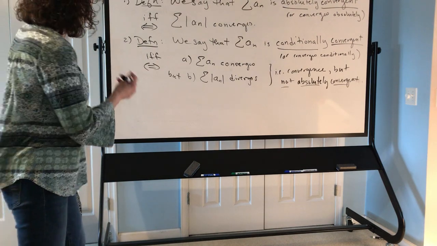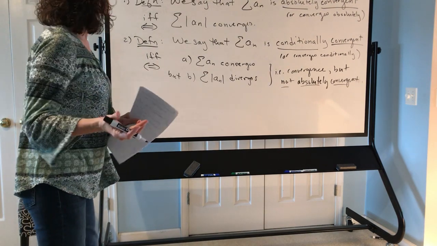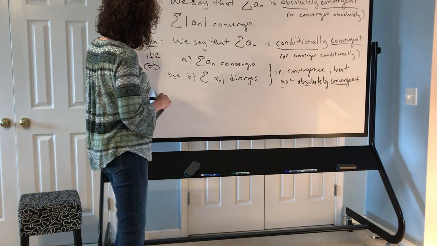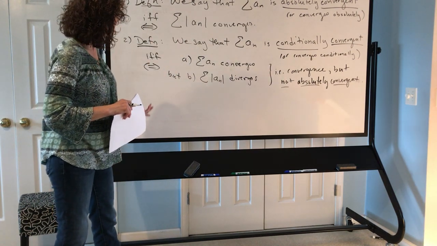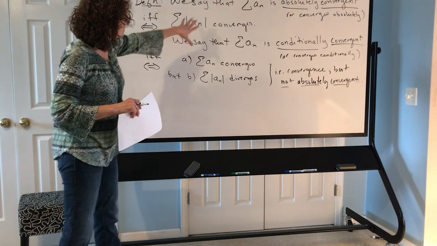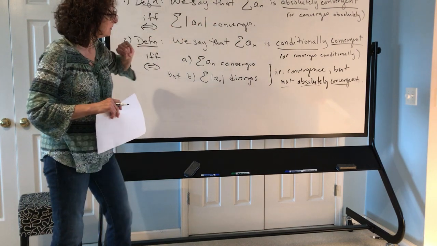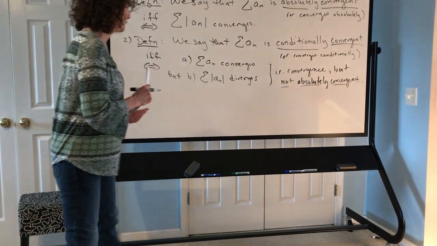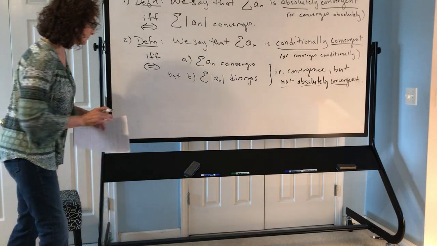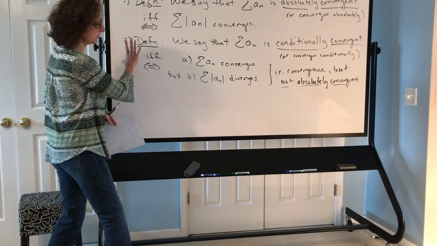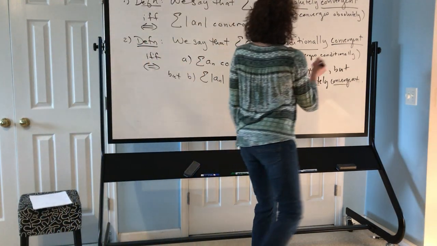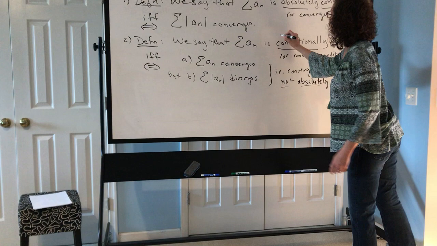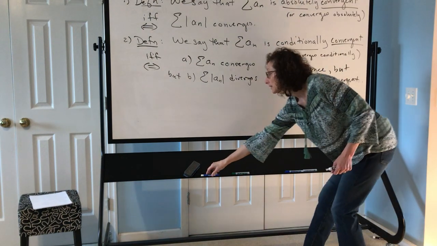Okay, so this makes a lot of sense to us, right? But we still want to come up with a theorem and prove some things. It makes a lot of sense that this concept could help us figure out what's happening with the series. All right, you got this? I'm going to erase, yeah? We usually abbreviate conditional convergence. I'm going to use a different color.